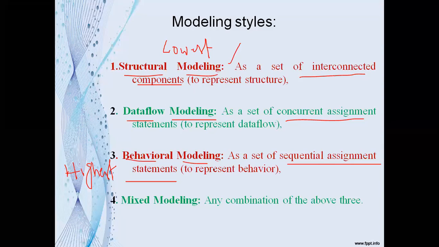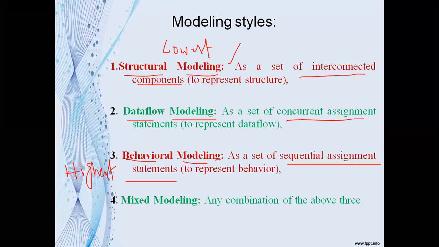So these are the main modeling styles of VHDL. A digital circuit or a digital system can be designed in any of the modeling styles: structural modeling style, data flow modeling style, behavioral modeling style.